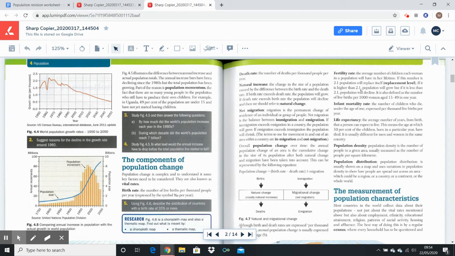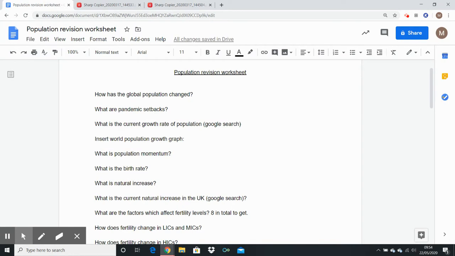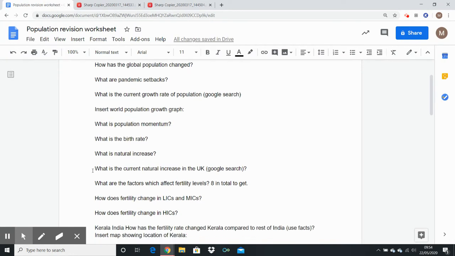Net migration is the difference between immigration and emigration. Immigration is coming into the country. Emigration is going out, exiting the country. You can put both of them together and get a population change as well. This should give you a few here. I think a good thing to do is to find out what the current natural increase in the UK is. Google search what the current figure is.